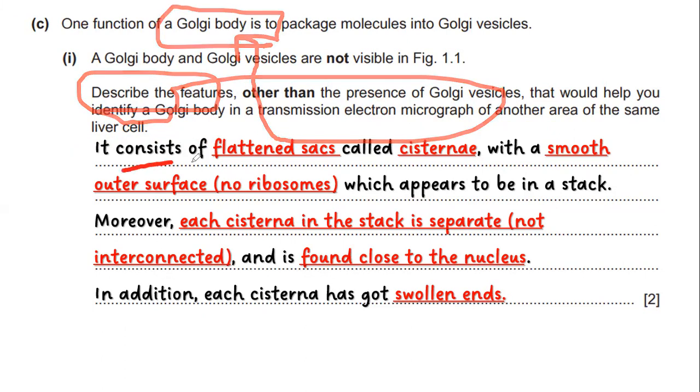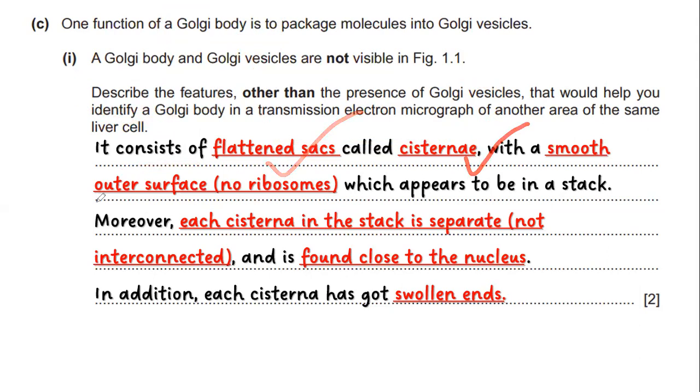Mais c'est quoi? It consists of flattened sacs called cisternae with a smooth outer surface, parce que s'il y a un ribosome, ça veut dire rough endoplasmic reticulum. Mais ici, chaque cisternae, il y a un stack qui est séparé.